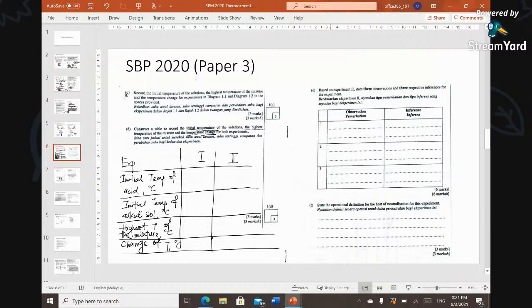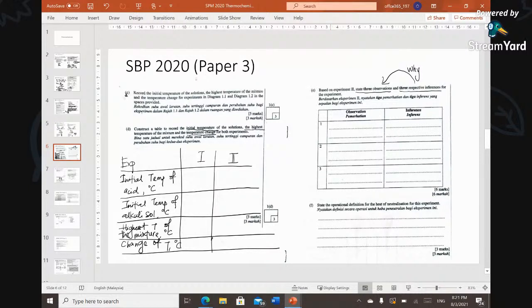Okay, the next question E. Based on experiment 2, 3 observations. Got to state 3 observations, 3 respective inferences. So observation is something that you use your 5 senses to find out. And inference is why, from the observation. Why that observation happens.